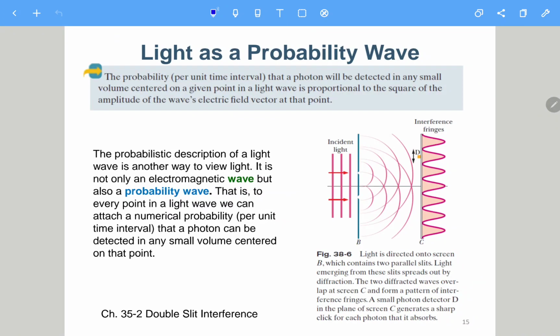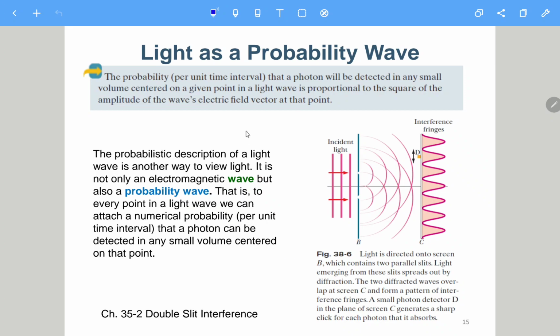Okay. So here we start to enter quantum mechanics, and here it presents a very complicated concept called the probability wave, light as a probability wave.